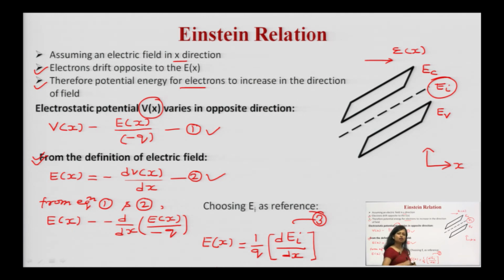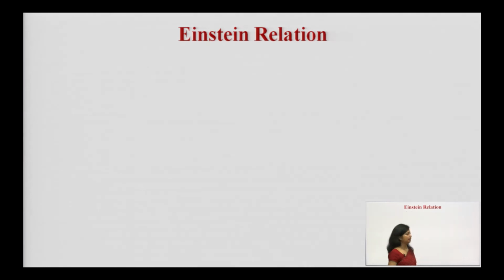Remember this. Now, we will derive one more equation for the Ex, and then we will equate both of these equations and further simplify it. It will be helpful for us to derive the relationship between the mobility and diffusion coefficient. So, I hope now it is clear how you have written this equation and why we have taken our intermediate value, which is Ei.